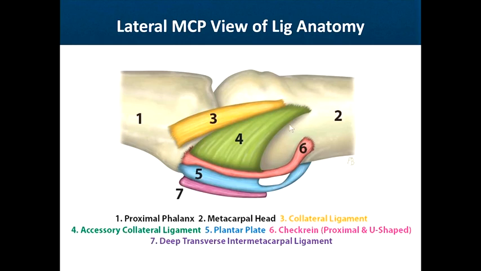The ligamentous anatomy of the finger, rather complex. You've got a collateral ligament, and then you've got an oblique curved accessory collateral ligament, which fuses with this very thin ligament, which you can't see except proximally, called the check rein, which fuses with the palmar plate or plantar plate, and then on top of that is the deep transverse intermetacarpal ligament.